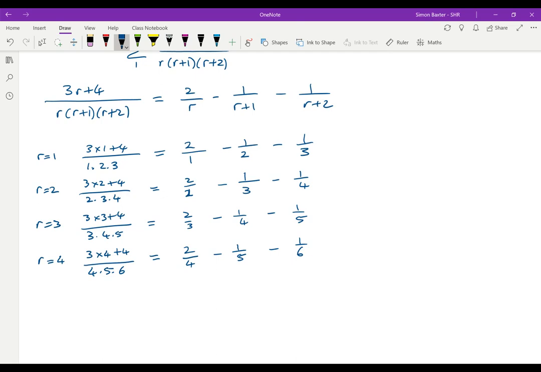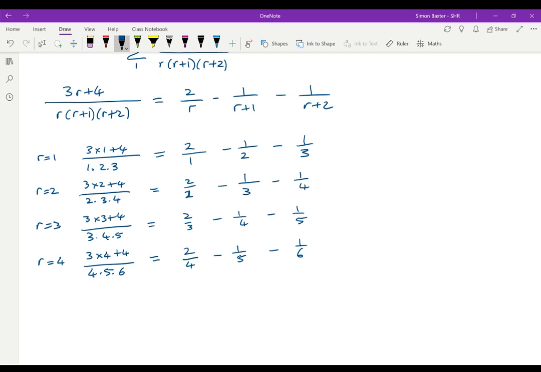Have a look at that. Can you see something nice happening?